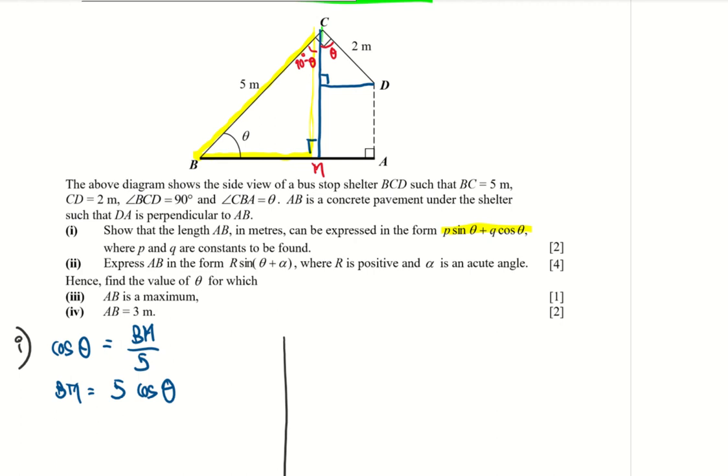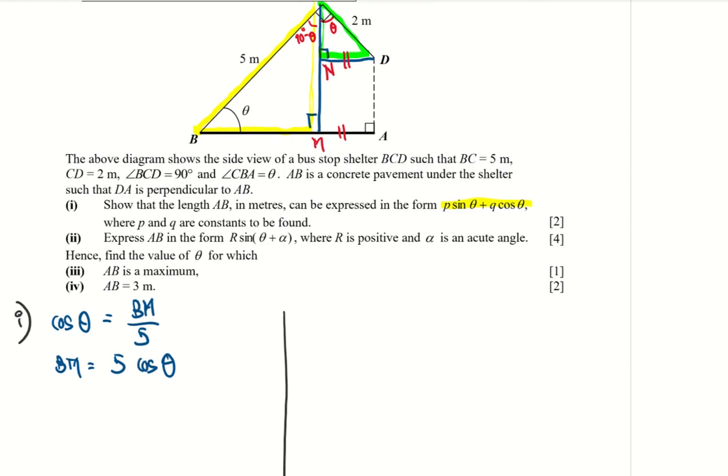Next, I'm going to go to the small green triangle. You can clearly see that the base of ND is the same as MA, which is the part of the length AB. So in this case, I would like to express in terms of theta. Sine theta would be MD over 2 meter.